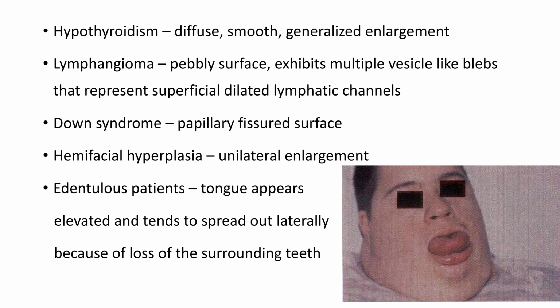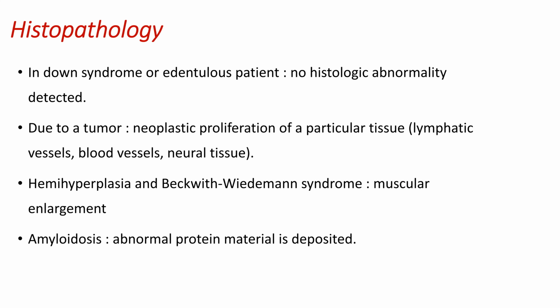Then in edentulous patients, the tongue appears elevated and tends to spread out laterally. Histopathology of macroglossia, or the microscopical features: in Down syndrome or edentulous patients, there is no histological abnormality detected.